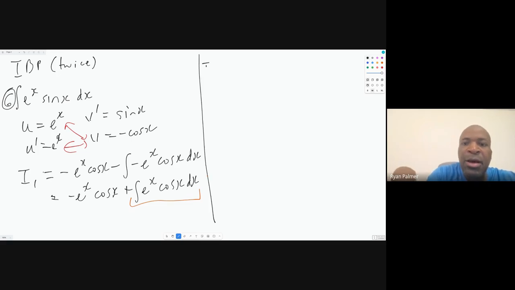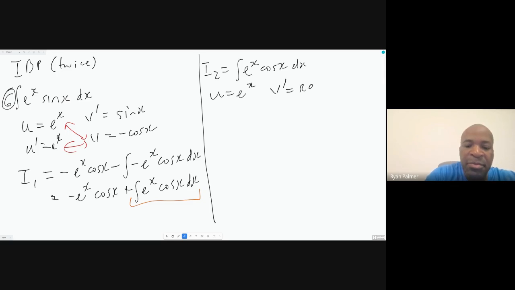I2 now is going to be equal to the integral of e to the x cos x dx. We're going to let u equal e to the x and v dash equal cos x. When we integrate cos x, we get sine x, so v is equal to sine x.